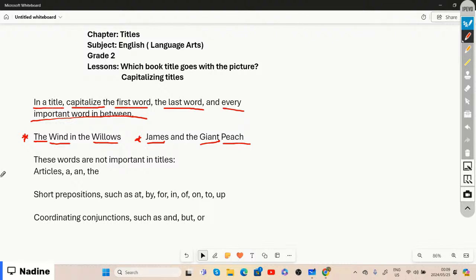And words like articles, right? Articles are a, an, and the. Those are articles.